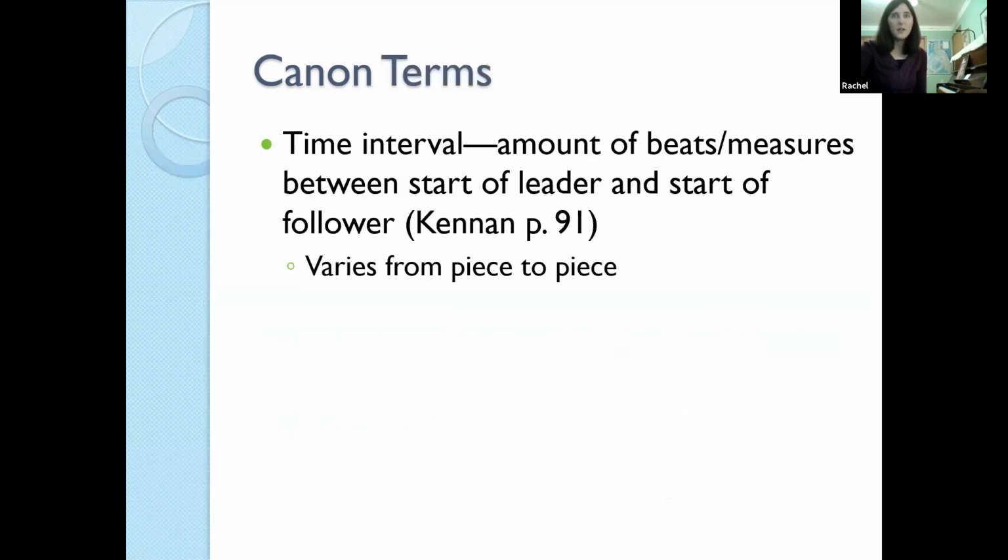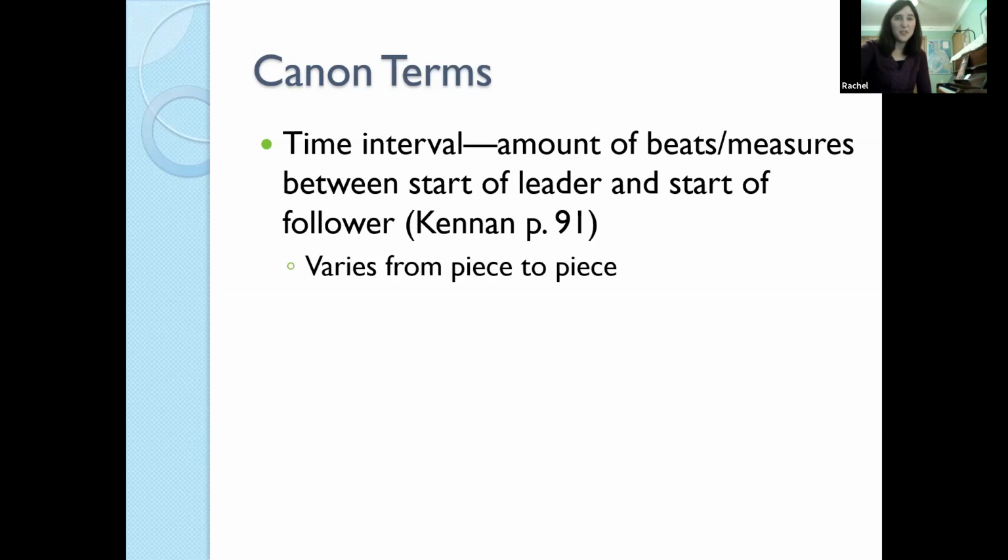Okay. This is going to vary, of course, from piece to piece, just as the harmonic interval is varying from piece to piece. And it might, again, depend on how your harmonies are working out, okay? And how your leader, where it's going, and then how that works with what you're trying to do with the follower, okay? So you can maybe try different things.